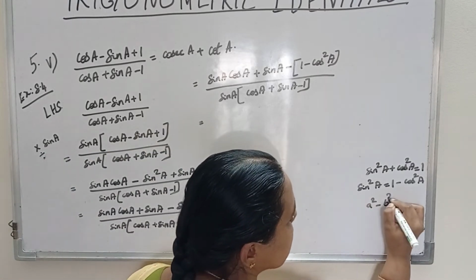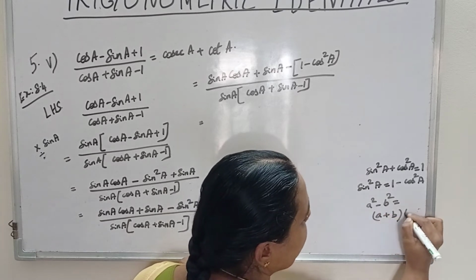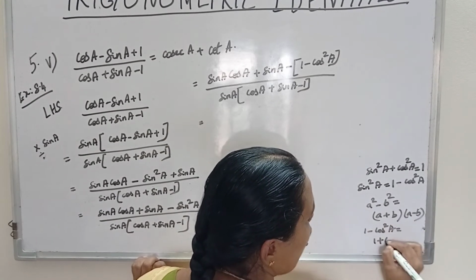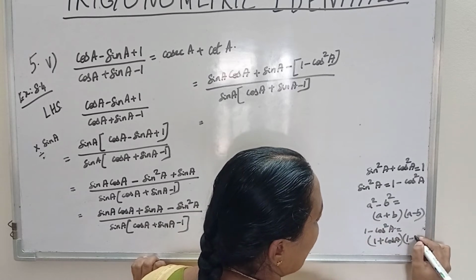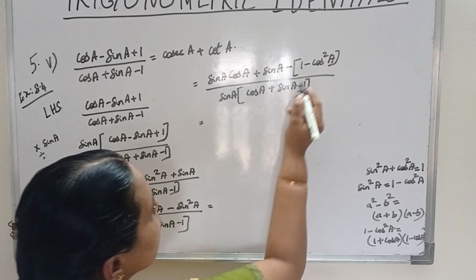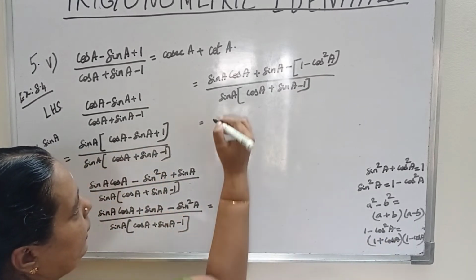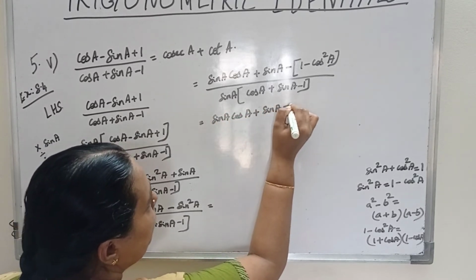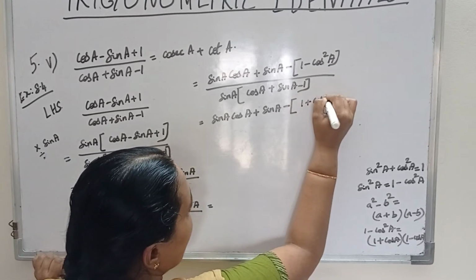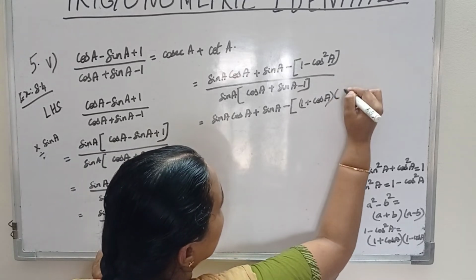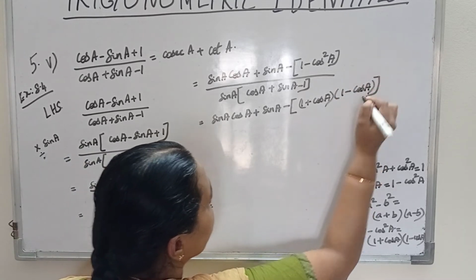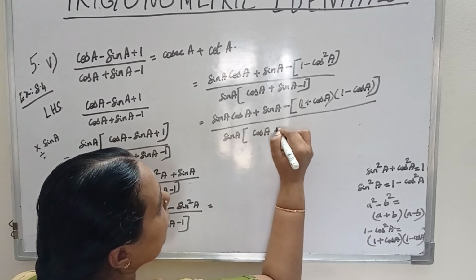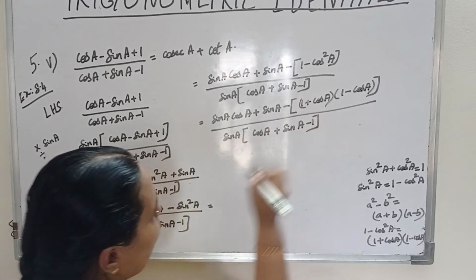It is A square minus B square format, which is A plus B into A minus B. So 1 minus cos square A is nothing but 1 plus cos A, that is A plus B, into 1 minus cos A, that is A minus B. So instead of 1 minus cos square A, we will be writing it as 1 plus cos A into 1 minus cos A. So sin A cos A plus sin A minus of (1 plus cos A) into (1 minus cos A) divided by sin A into cos A plus sin A minus 1. This is the step.